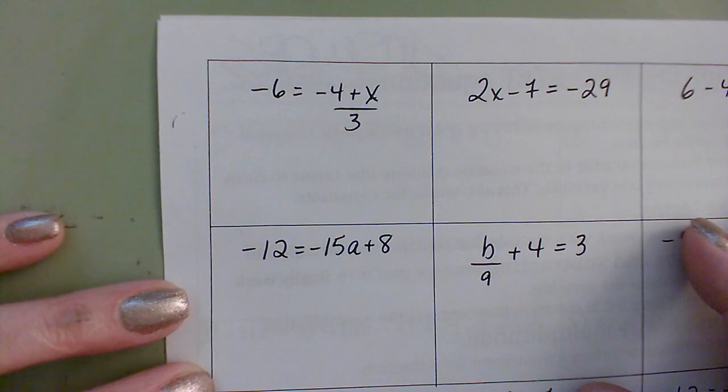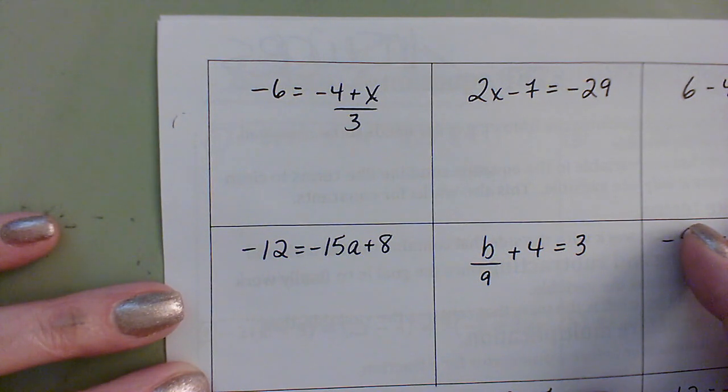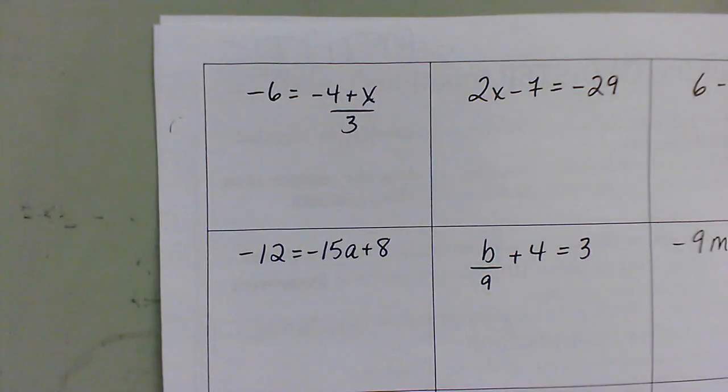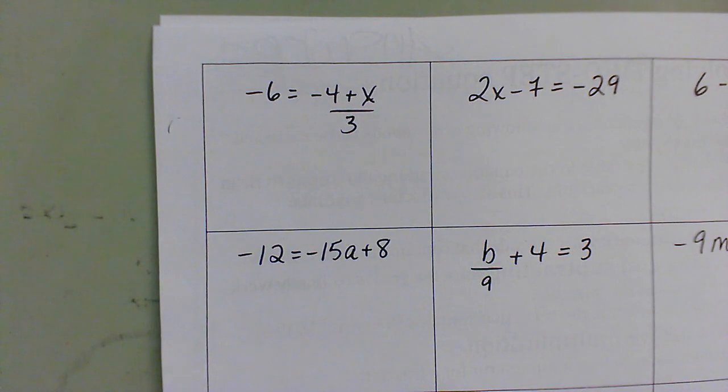Okay, so this is the exact same question as the last one, except I flipped it to the other side. Give it a try. Okay, so I have a negative 6 equals a negative 4 plus x, divided by 3. Everything is being divided by 3.